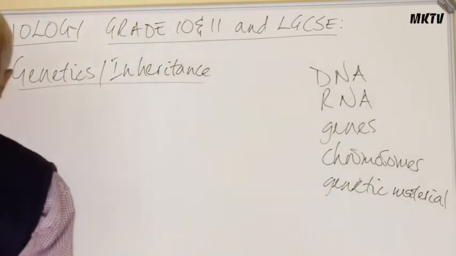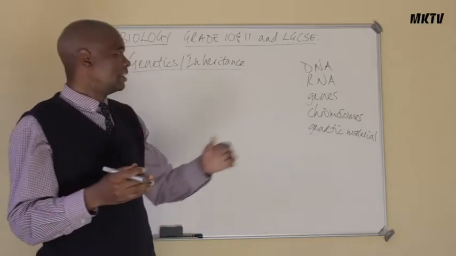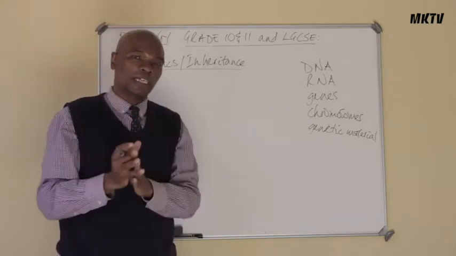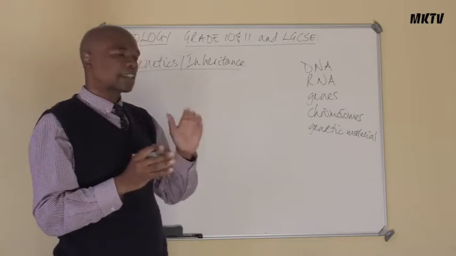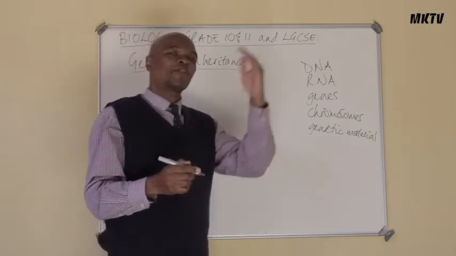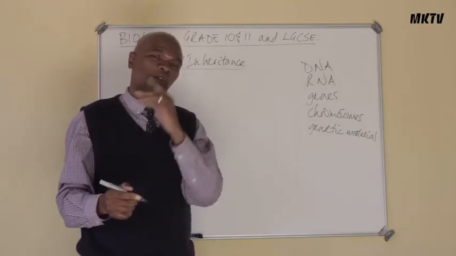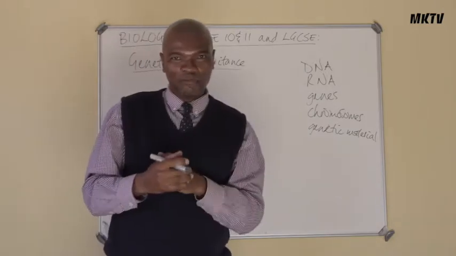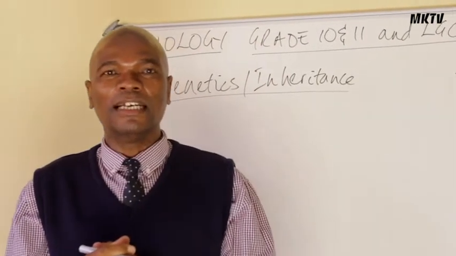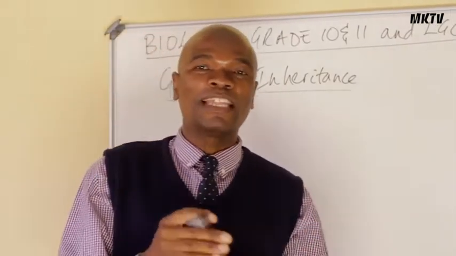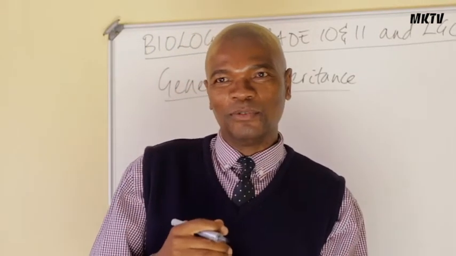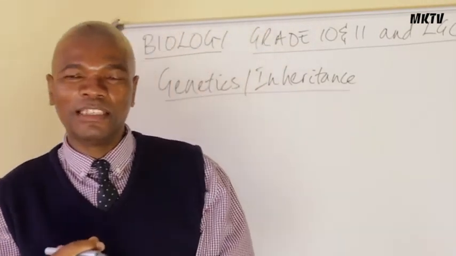As I said, biologically speaking, when you talk about inheritance, it's all about characteristics. These characteristics are passed from one generation to another. What do I mean by that? For instance, you may compare a human being to a chimpanzee, and you see that a human being is different.